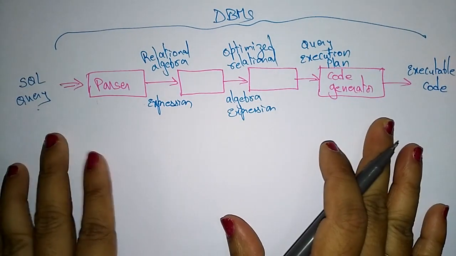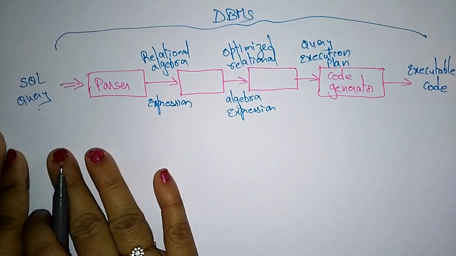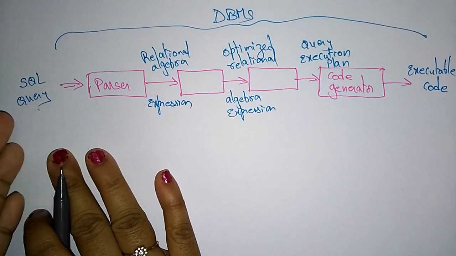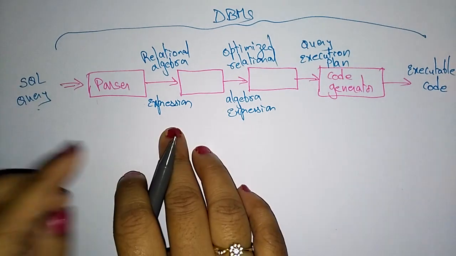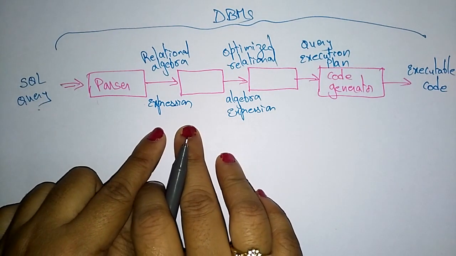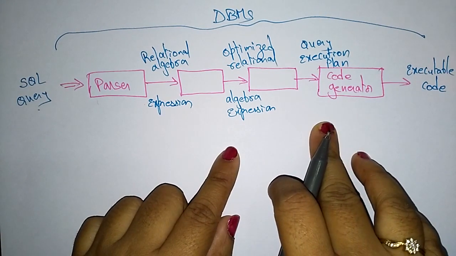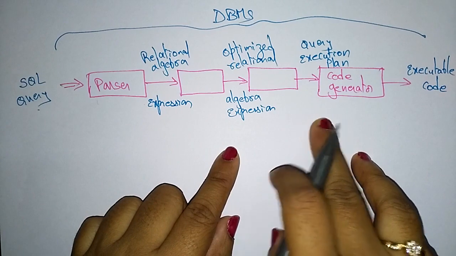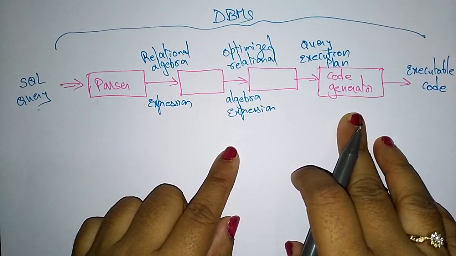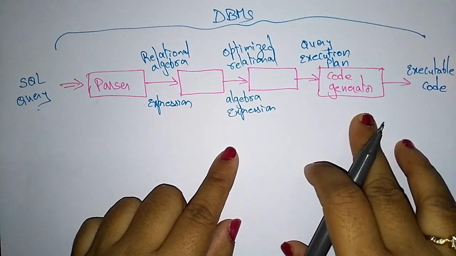This is done in the database management system software. We take the SQL query as input, it converts into a relational algebraic expression, which is optimized, and with the help of the query execution plan we get the executable code from the code generator.